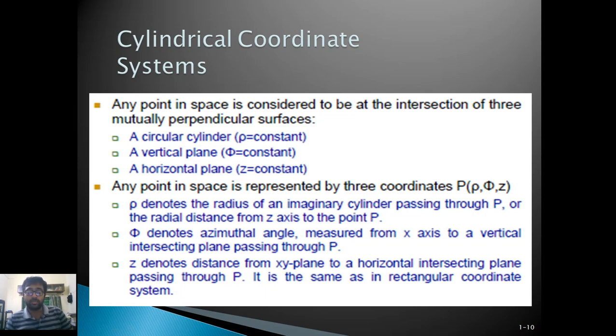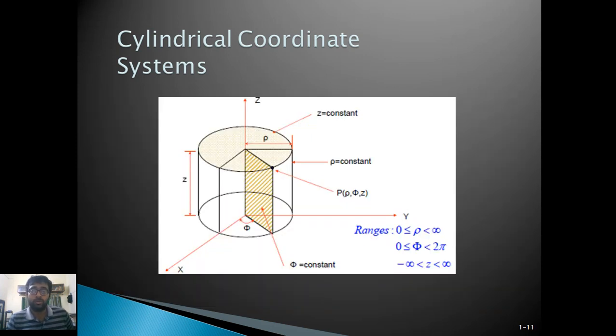Let's go to the next slide. Cylindrical coordinate system. Now this is the pictorial depiction of a cylindrical coordinate system. This is the z-axis, this is the x-axis, and this is the y-axis.